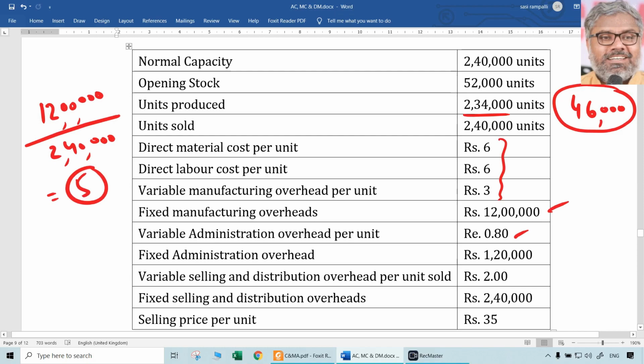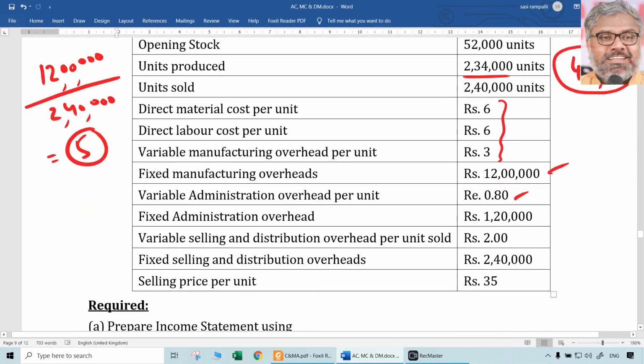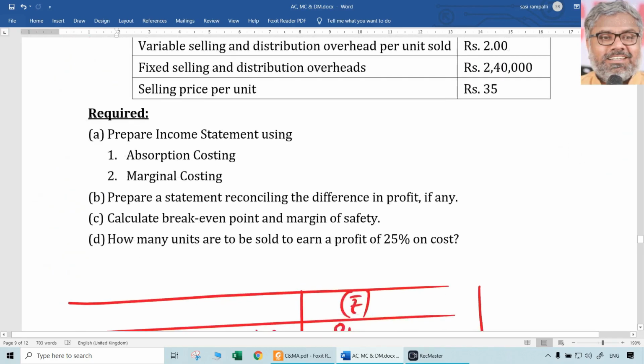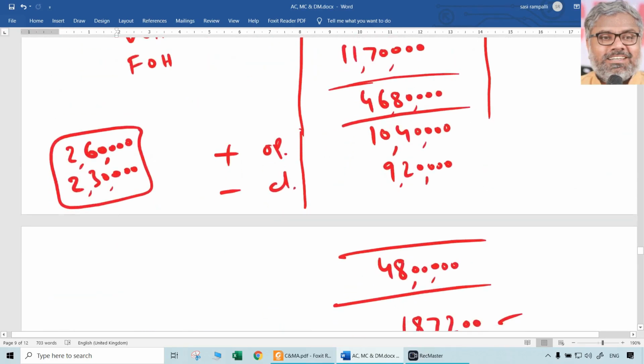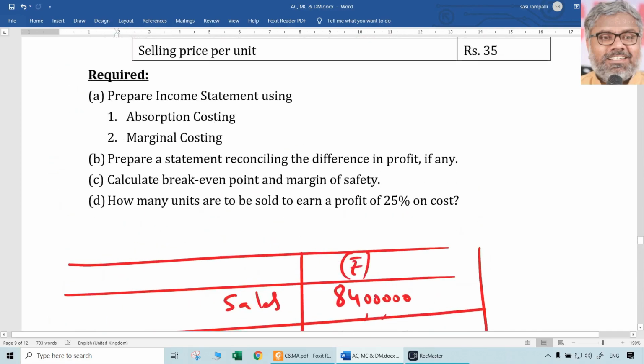What if the closing stock is more than opening stock? Then absorption costing will have more valuation of closing stock than the opening stock. So absorption costing will show more profit in that case. But here, since opening stock was 52,000 units, closing stock is only 46,000 units, that difference in the stocks of 30,000 is shown in the profit difference also between the two methods of costing.